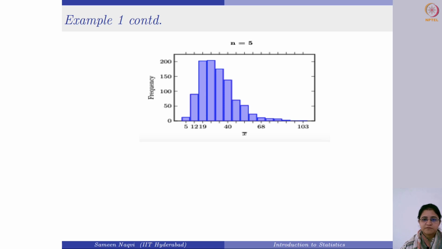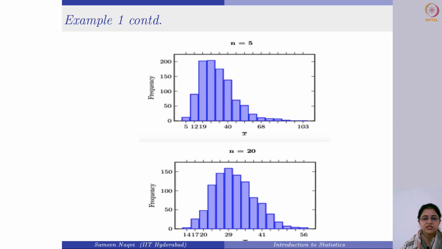something like this. Next, if you take samples of size 20, then the sampling distribution would be in this way. You see that as we are increasing the sample size, these histograms are becoming normal.